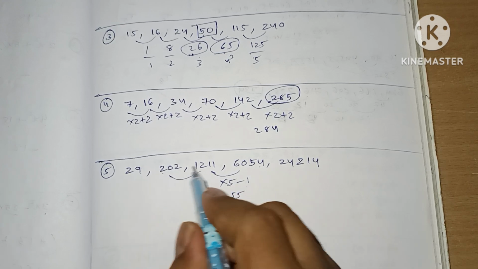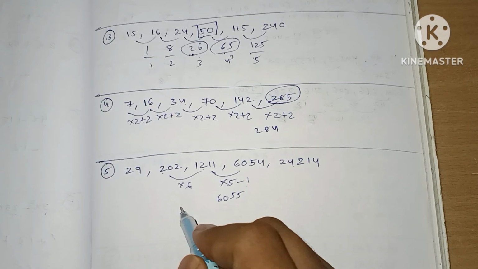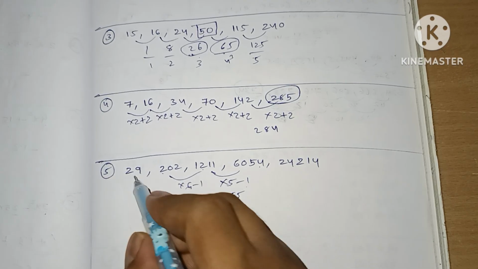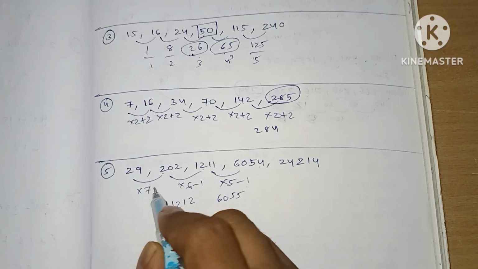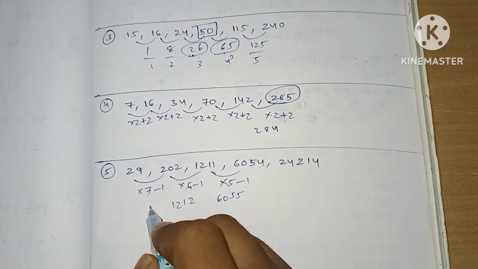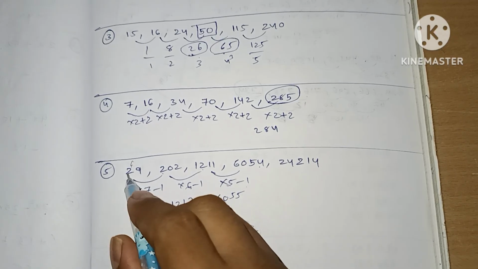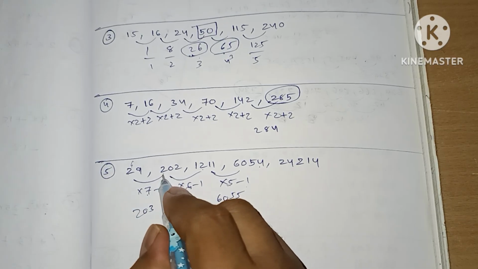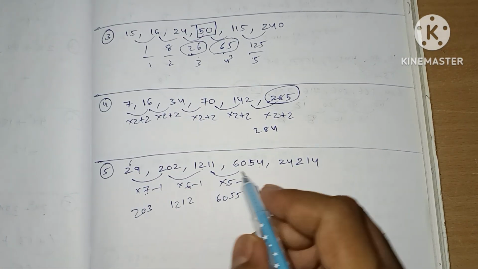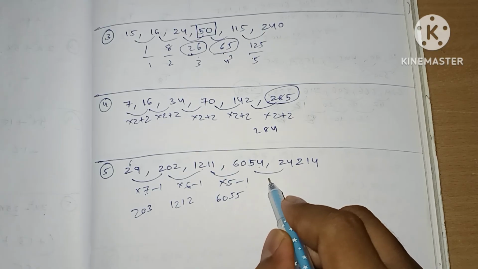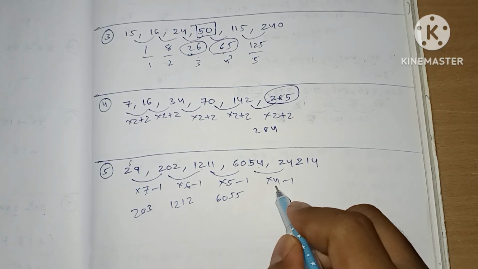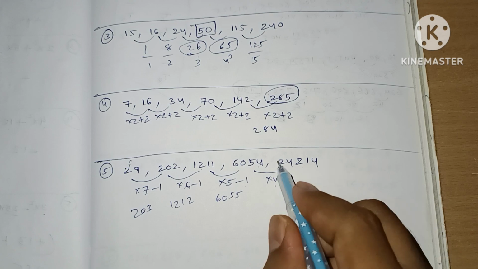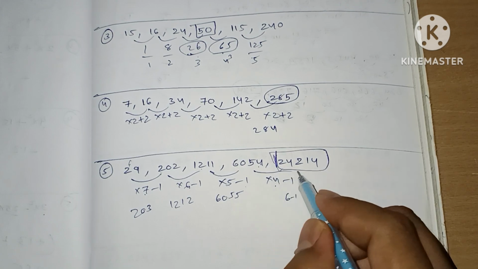Here we have 2 becomes 12 means into 6, 6 2 times is 12 and 12 minus 1, so it must be into 7 minus 1. 7 9 times 63, 7 2 times 14 and 203 minus 1. Okay, we got the relation, so it must be into 4 minus 1. For 4 times, unit digit is 6 minus 1, which will be 5, not 4. So this is our wrong number.